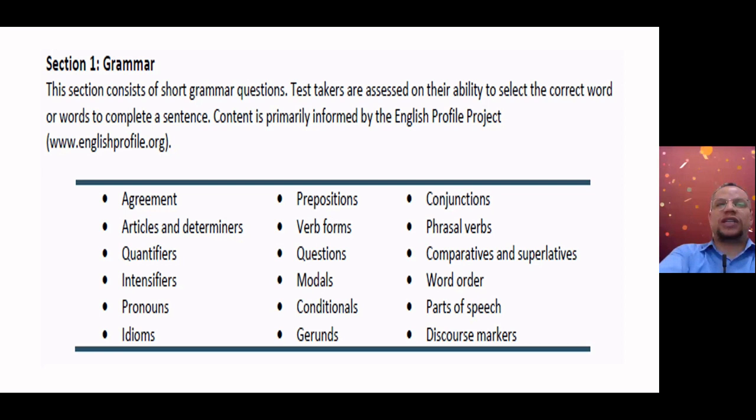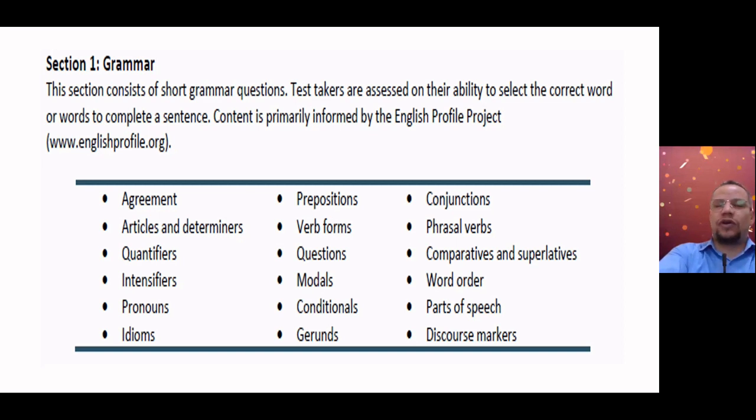Agreement between the subject and a verb, idioms, pronouns, intensifiers and quantifiers, articles and determiners, and the prepositions on, from, up, down, behind, next to. Verb forms, I mean the tenses or verb in the first shape, second shape in the past, or -ing, gerund, and so on. Modals: can, could, would, shall, should, have, has, had, and so on.